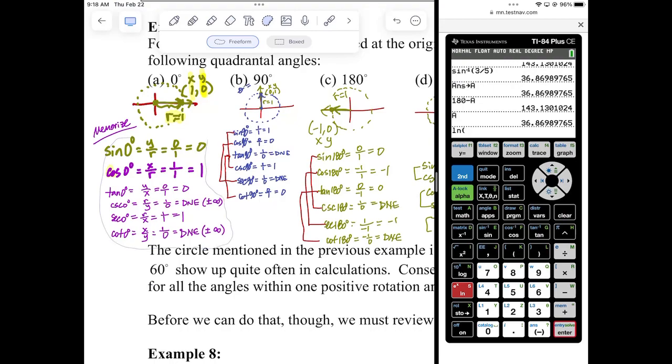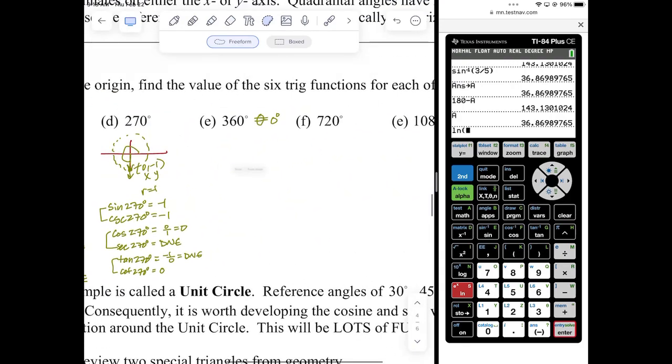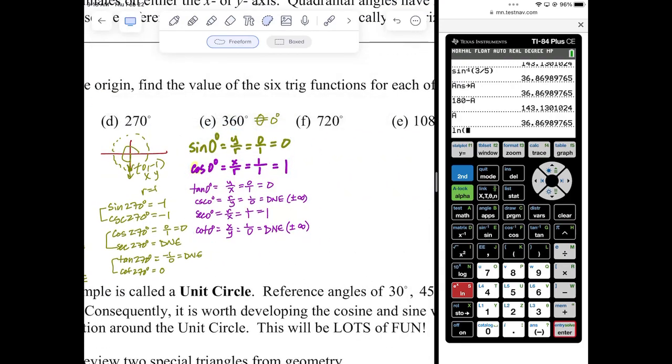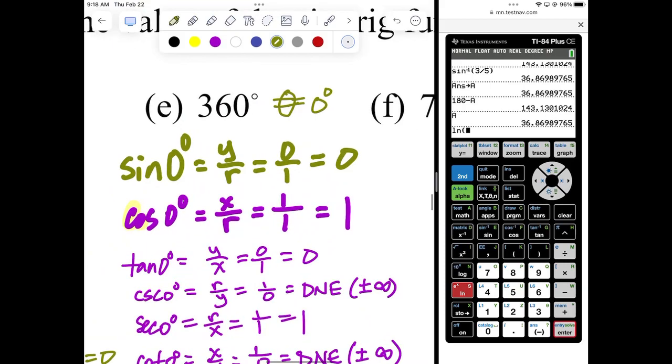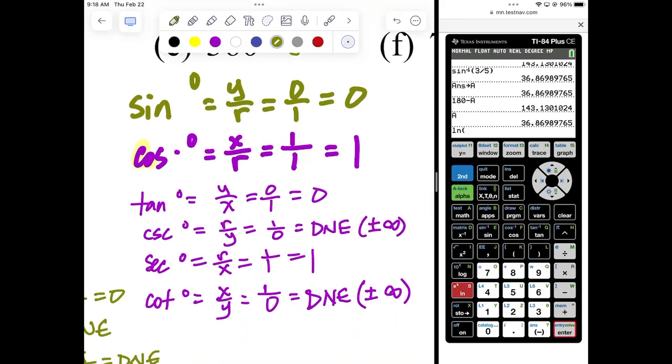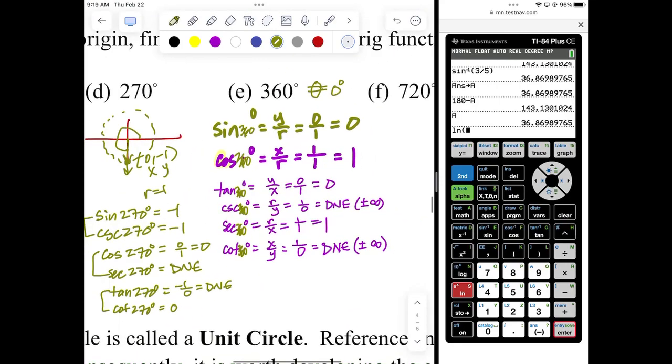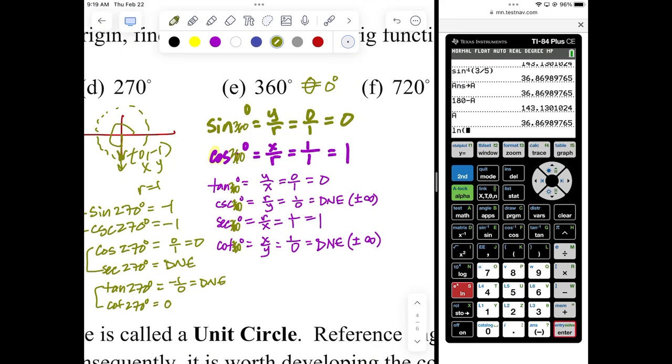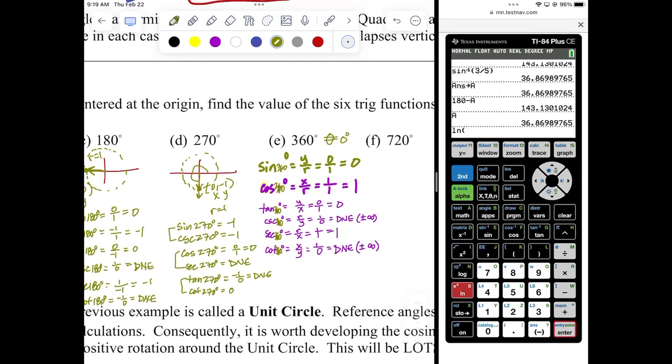I can just copy everything I did for 0 and paste it over here under 360, and then just come in here and change all the angles from 0 to 360. There you go. It's not going to be any different, is it? No different, because it terminates at the same place.